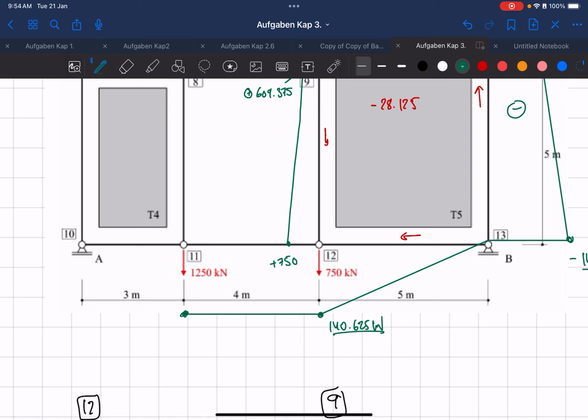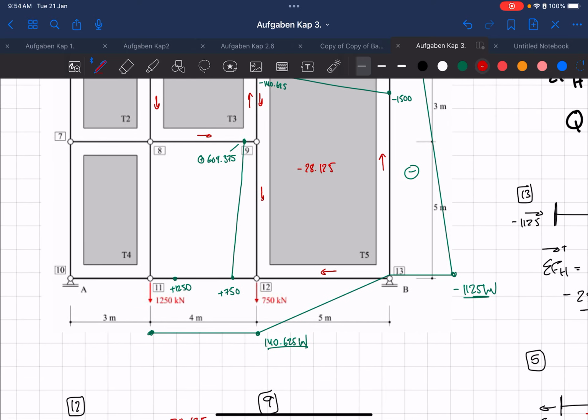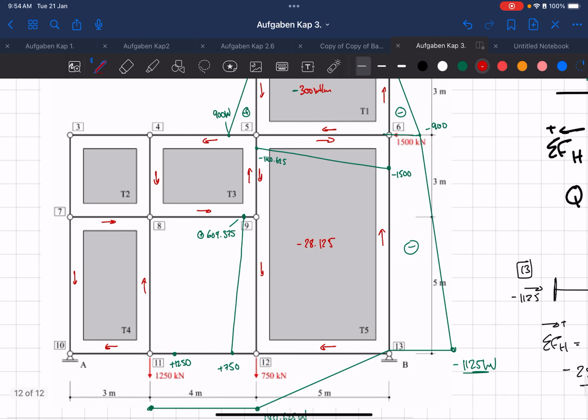This is also plus 1250. Right now this goes in this direction. So. Oh, did I make a mistake here? Entschuldigung. It should go this way.